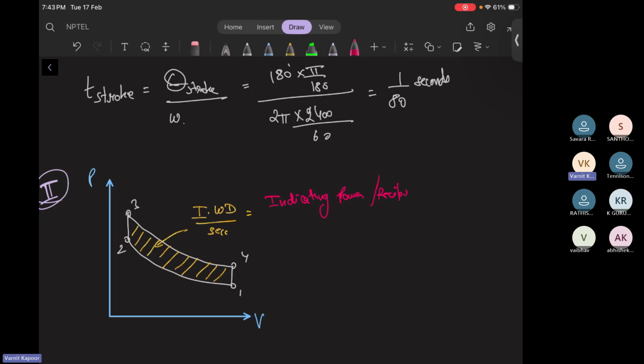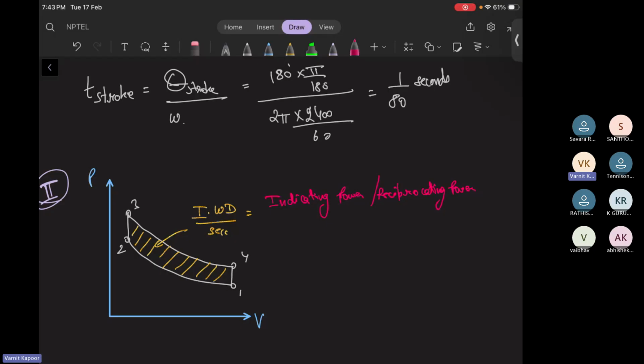Why am I saying indicating? Because it is a PV diagram which indicates the net work output of the system. And if you do it per second, it is the work done per second, that is your power.